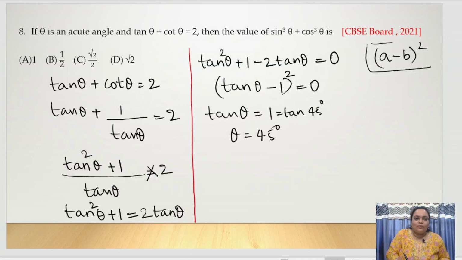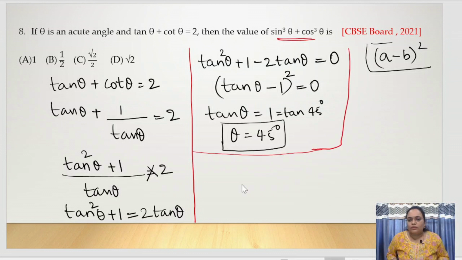Now substitute the values in this. So what is sine 45? Sine 45 is 1 by root 2. That is 1 by root 2 whole cube plus cos 45 is also 1 by root 2, 1 by root 2 whole cube.